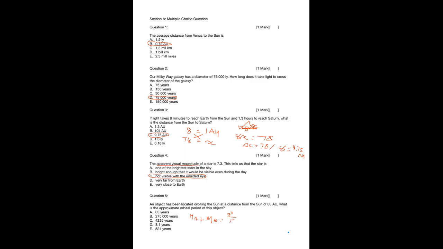So remember, we are working with objects in our solar system, so this simplifies to 1 solar mass equals A to the power 3 over P squared. So this can simplify to 1 equals A cubed over P squared, and that can now simplify to this form over here.